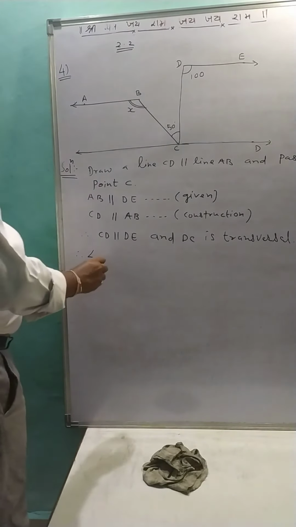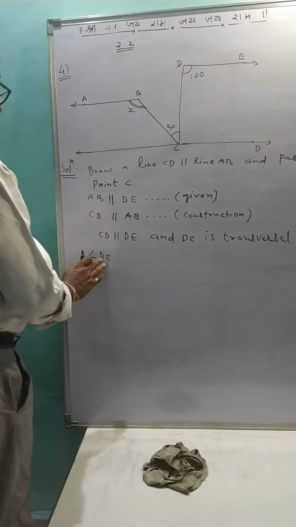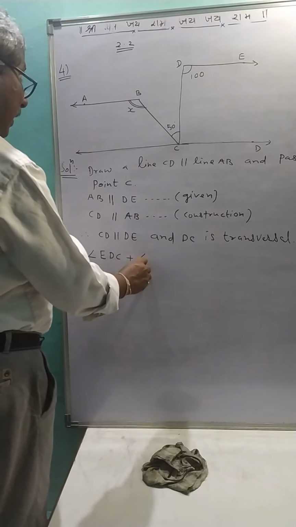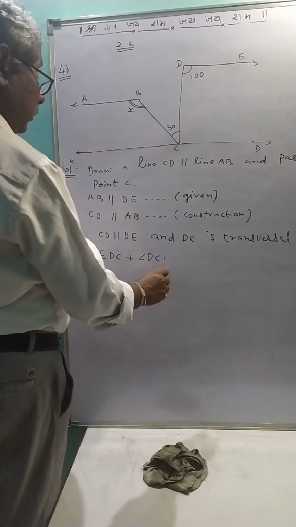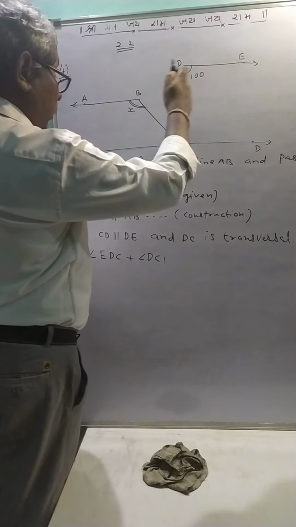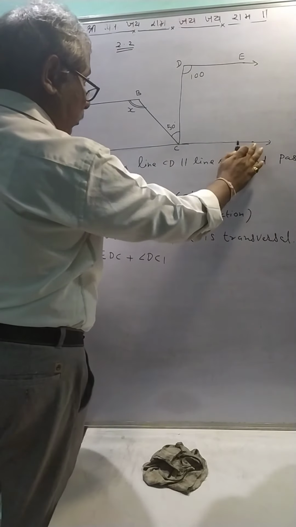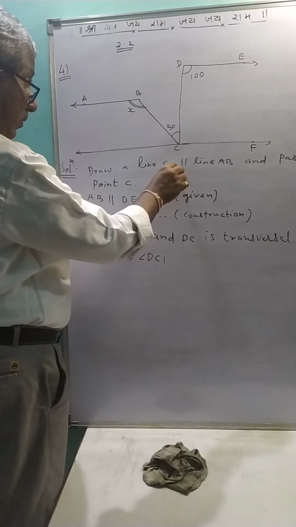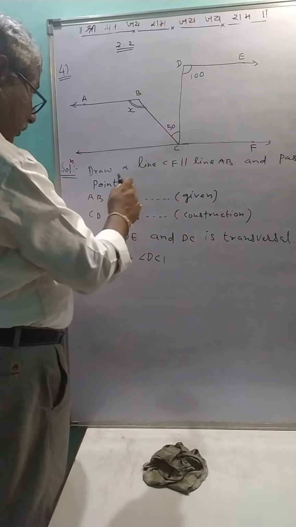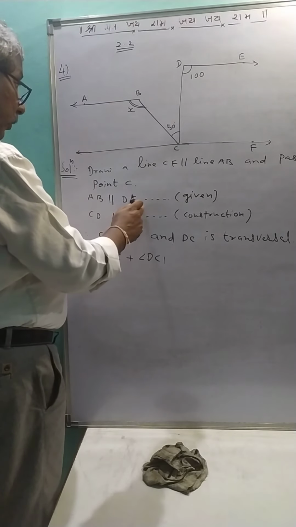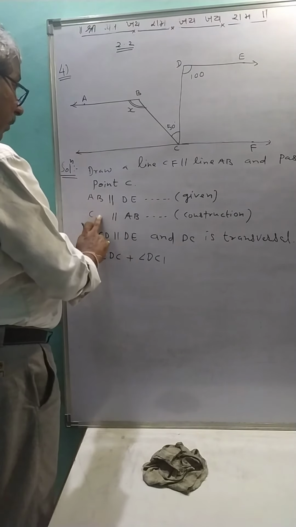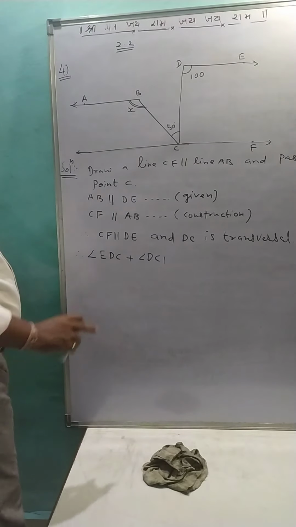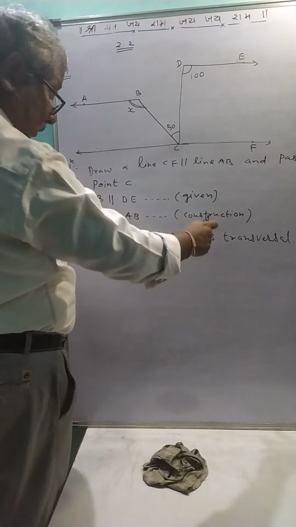Let us take a line CF: draw a line CF parallel to line AB and pass through the point C. So CF is parallel to DE and DC is the transversal.